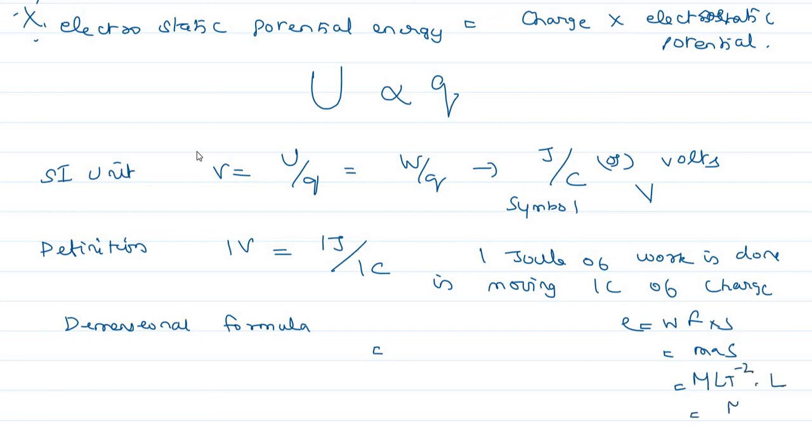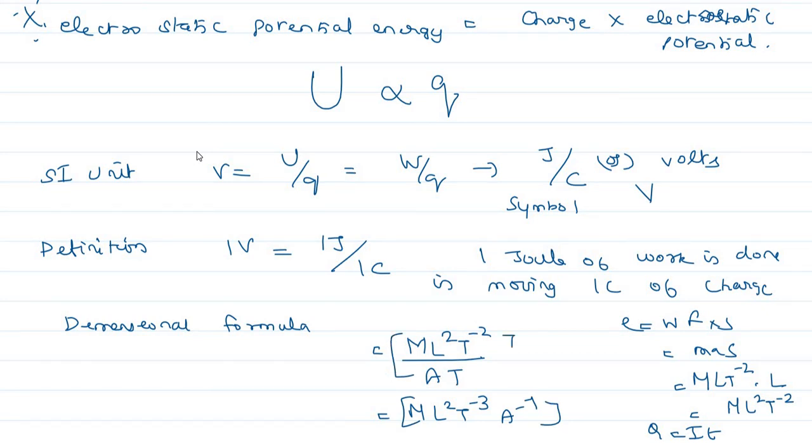So the energy dimensional formula is M L square T power minus 2. Divide by coulomb. Charge is nothing but current into time; for current it is A, for time it is T. Now the dimensional formula of volt is M L square T power minus 3 A power minus 1.